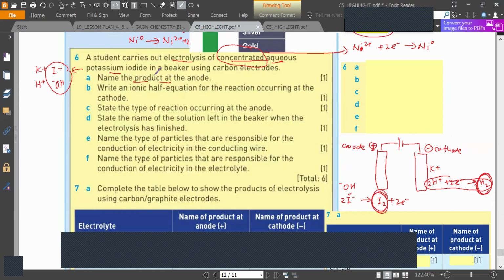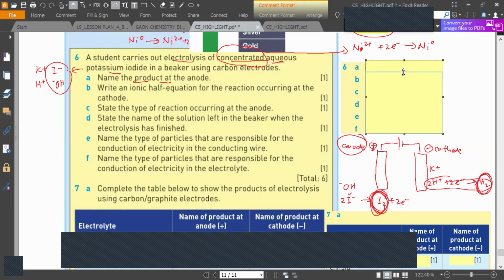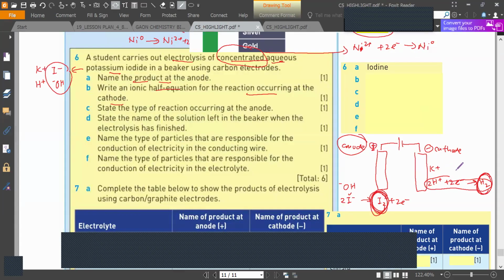Name the product at the anode. The anode product will be this iodine. Write the half ionic equation for the reaction occurring at the cathode. The cathode will be this one, so this will be the ionic equation.